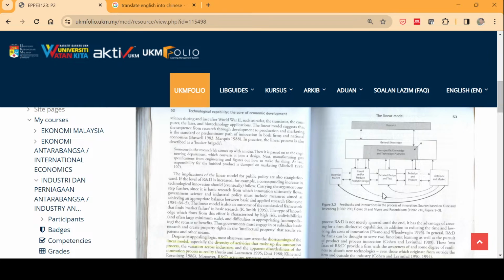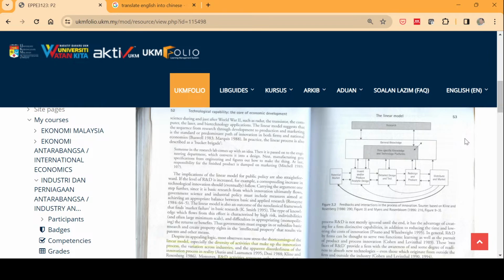Look at this. In this model, don't get confused with this one. This is only the heading of the book at the top. It is not the title of this graph. The title of this graph is feedbacks and interaction.